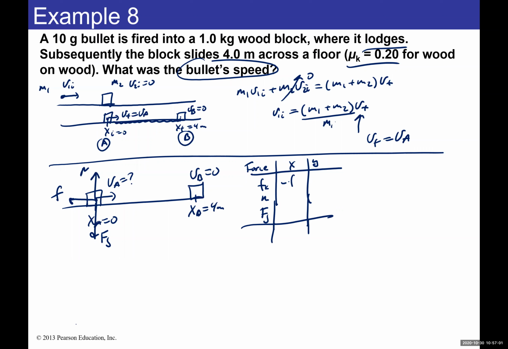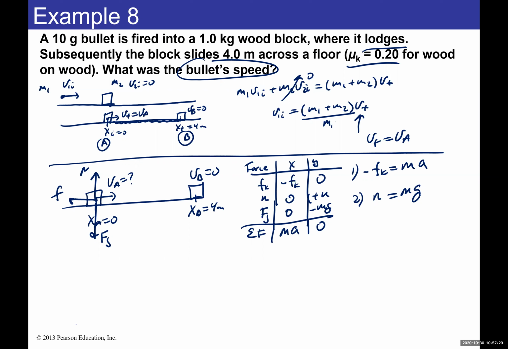So this is negative Fk, 0, 0 plus N, 0 minus mg. My net force in y is 0 because it's only sliding along the x-axis, and in x it's m times a. So my equations are: negative Fk equals mass times acceleration, and equation 2, normal force equals mg, because N minus mg equals 0.